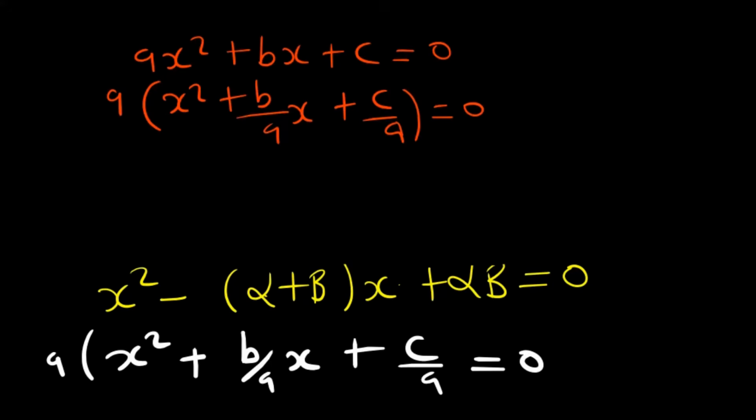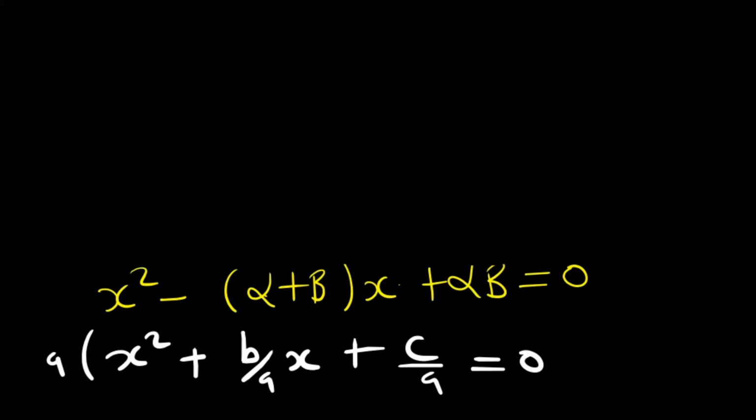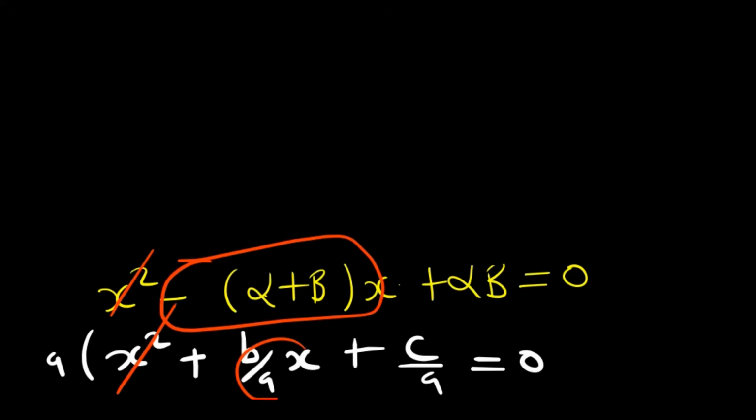Now you're able to see that negative alpha plus beta x is the same as this part, and alpha beta is the same as that. So now let's solve that.